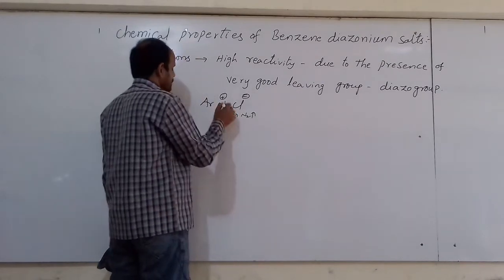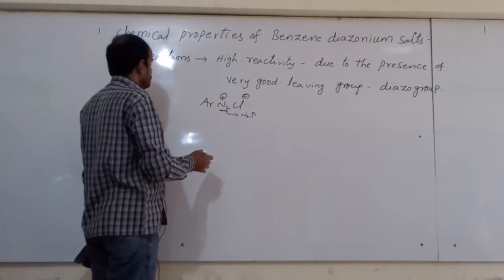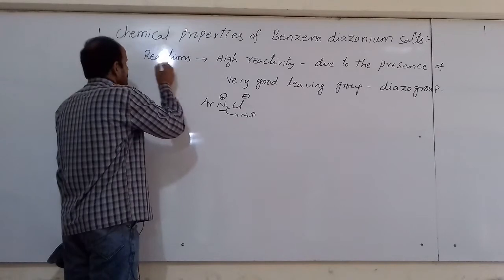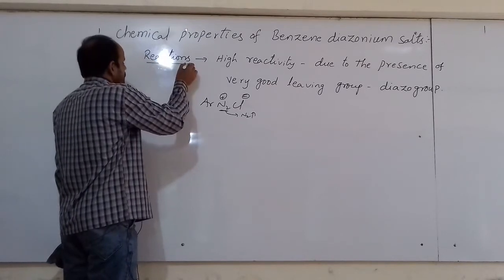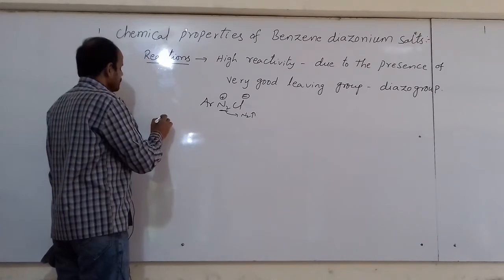Then another atom can be substituted in the place of this N2. Thus these compounds have very high reactivity, and benzene diazonium chloride can undergo reactions very fast. These reactions are of two types.